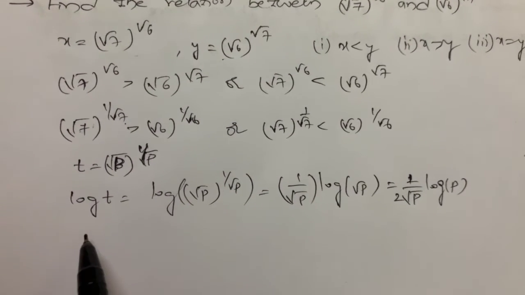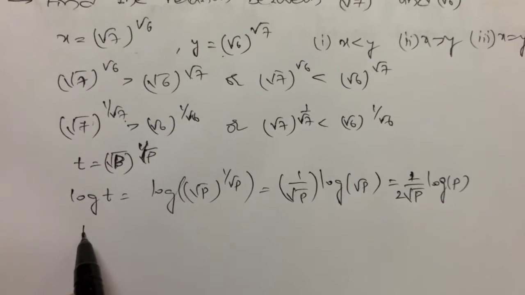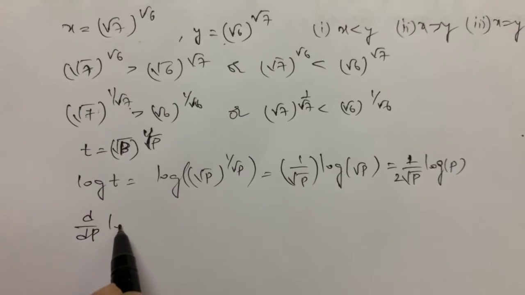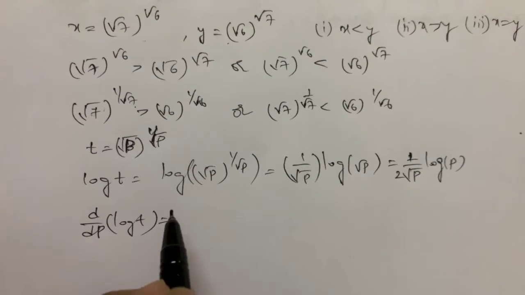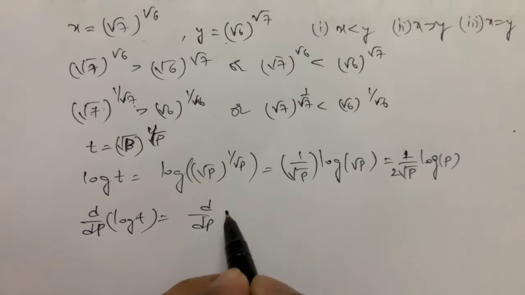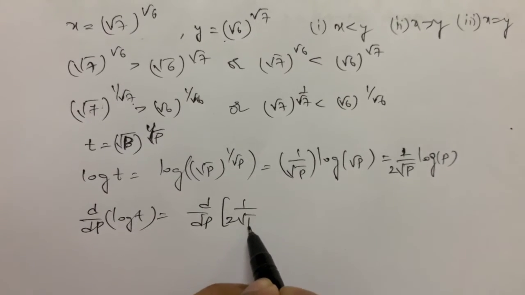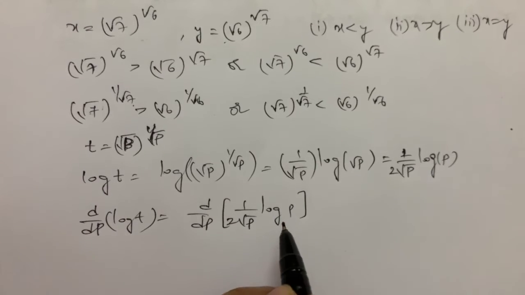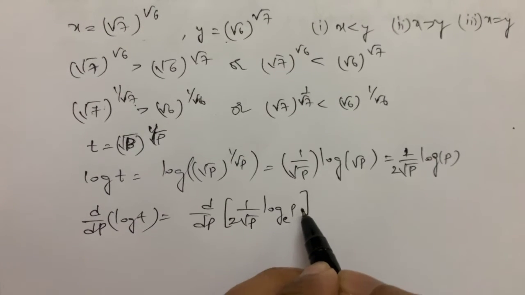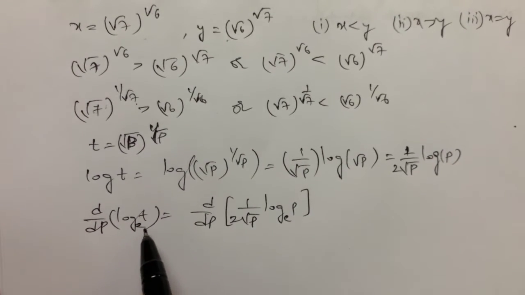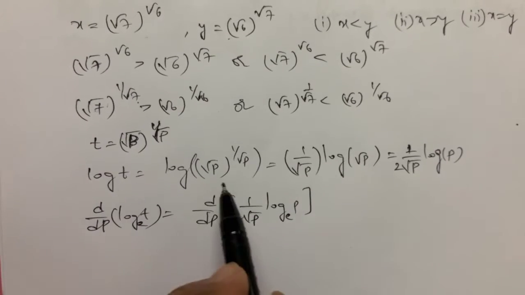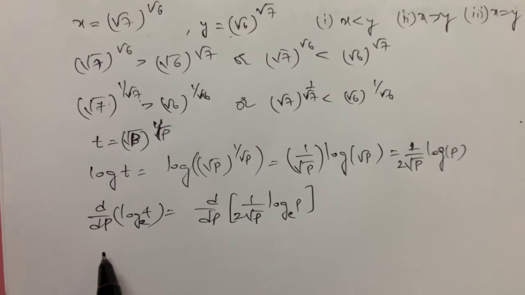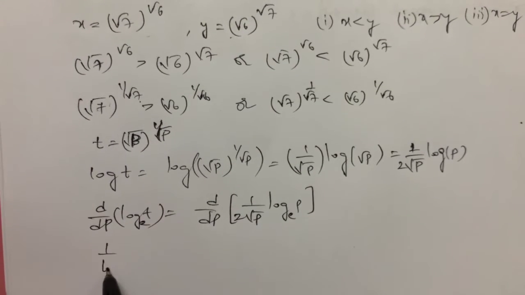If I differentiate this, d by dp of log t is equal to d by dp of 1 by 2 root p into log p. Log p is log to the base e, and here also log t to the base e. The derivative of log x is 1 by x, so here it is 1 by t.